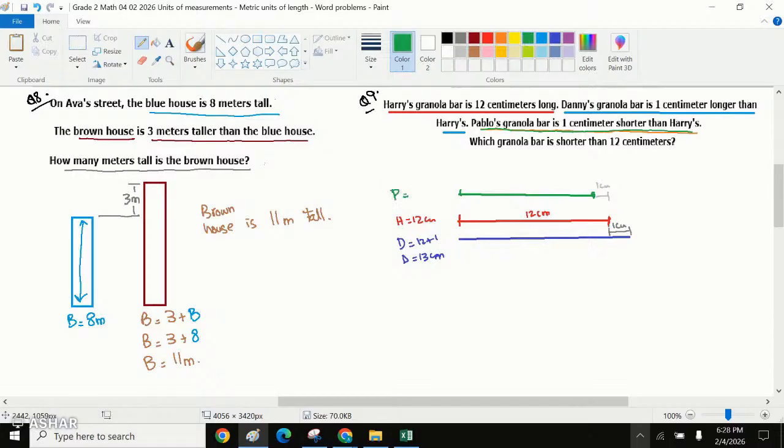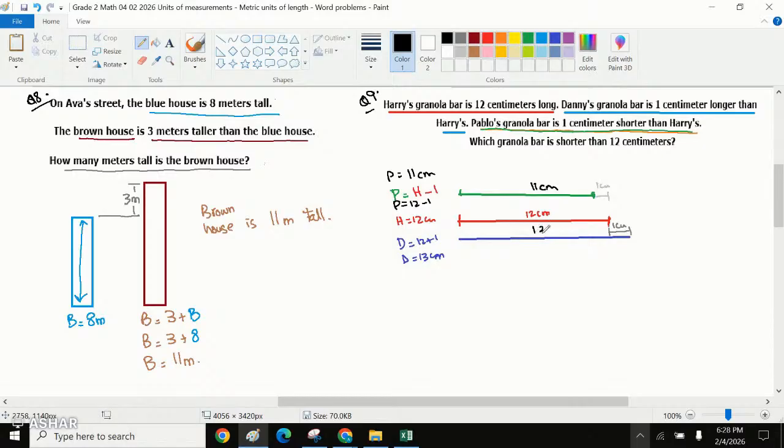That means Pablo's was Harry's minus 1. Yes, thank you so much. That means Pablo's is 12 minus 1, and Pablo's granola bar is 11 centimeters.